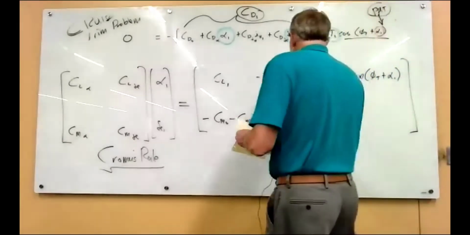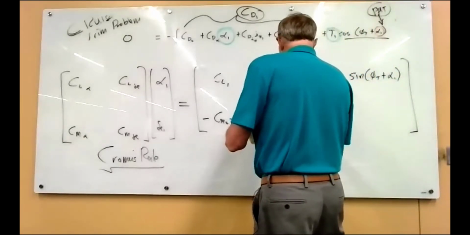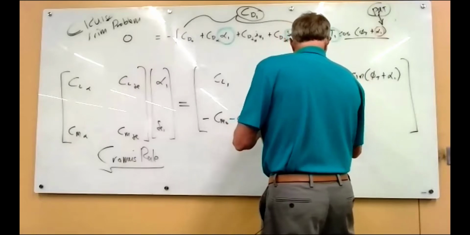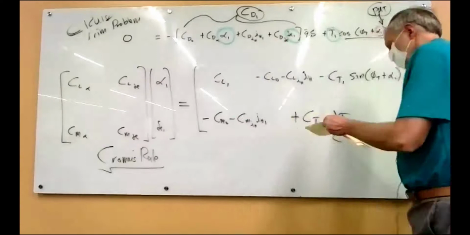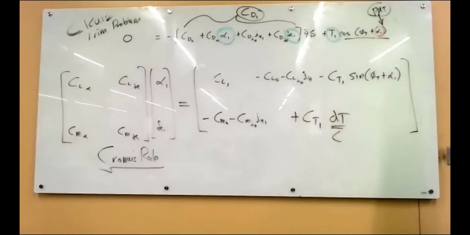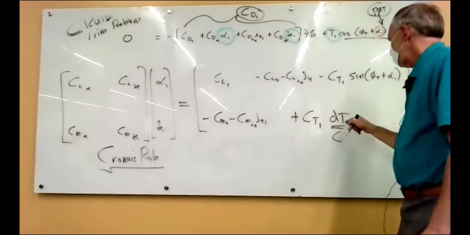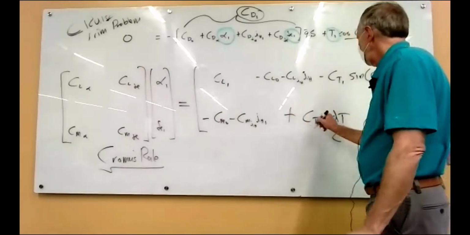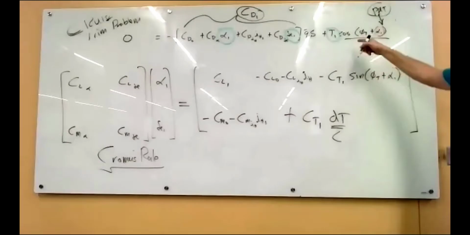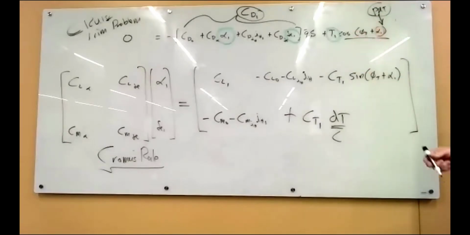And then we might as well add in the thrust term here as well, because the only reason we knocked that out was because it allowed us to separate the equation. So let's leave that in.